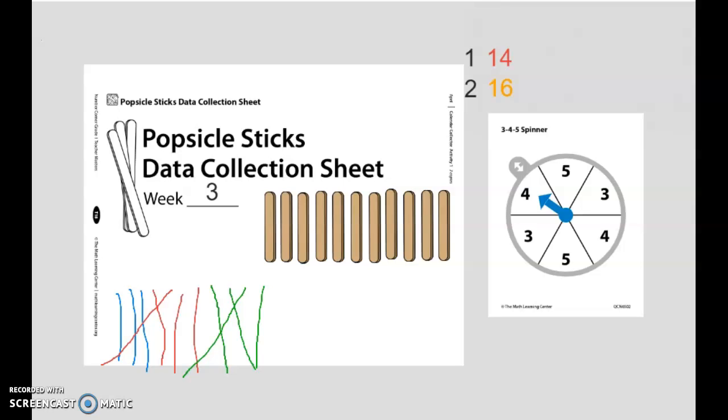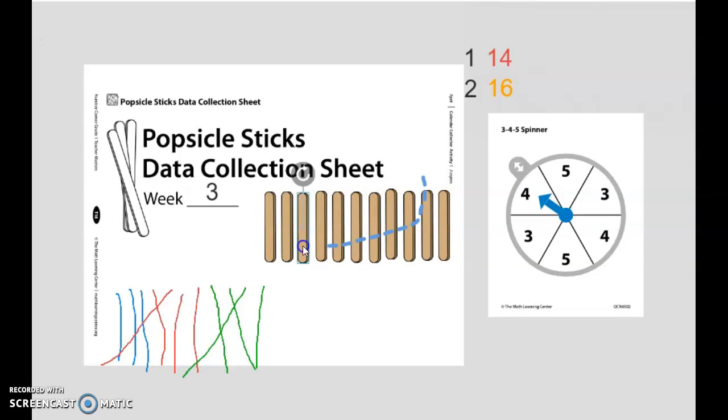That is going to be our question for today. How many popsicle sticks do I have? And how do you know that that's how many I have? Remember, we're going to have to bundle some of these in 10. So let's bundle them. So here's 1, 2, 3, 4, 5, 6, 7, 8, 9, 10.